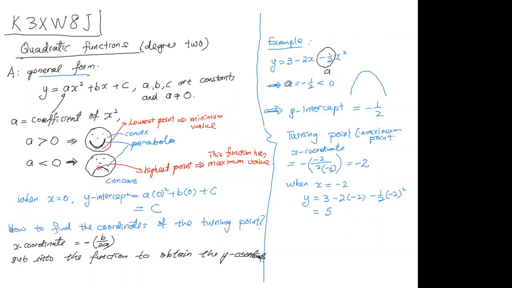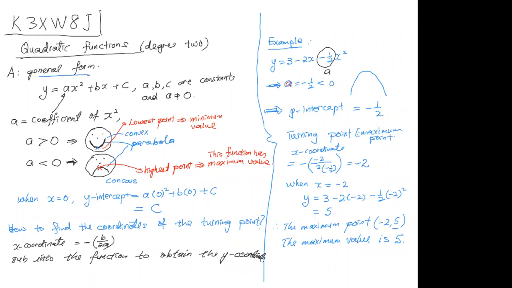So the maximum point is negative 2, 5. The maximum value for this function is 5.